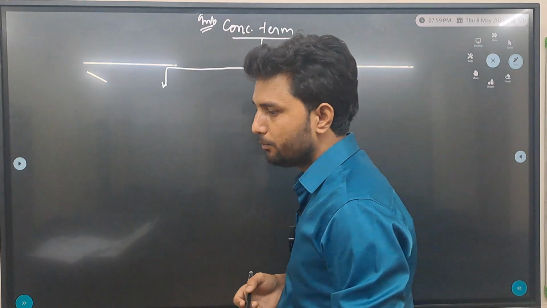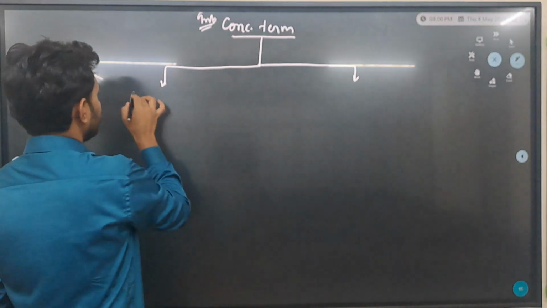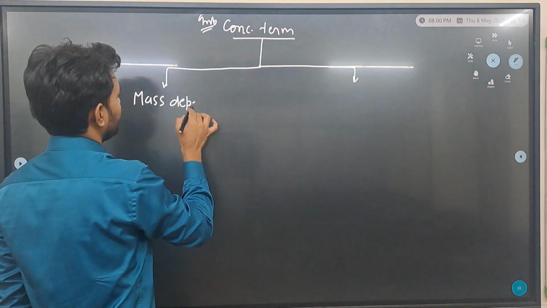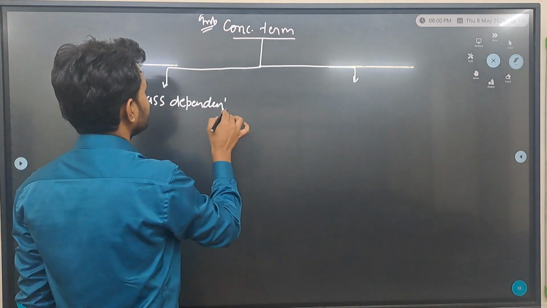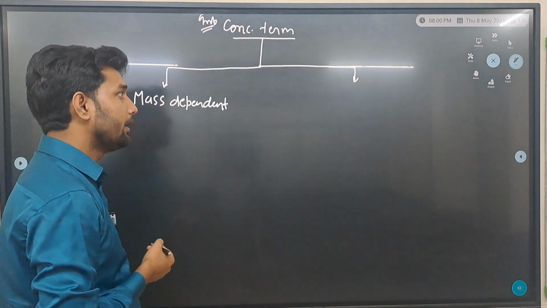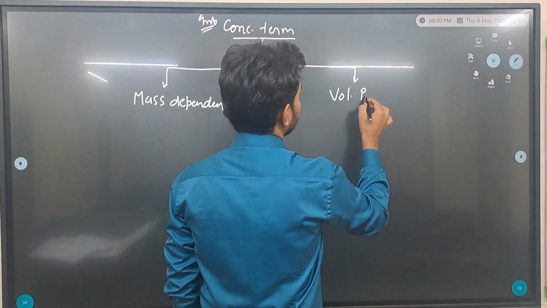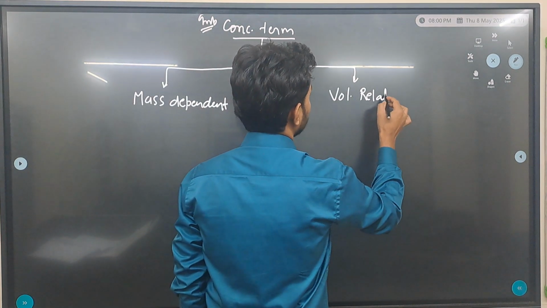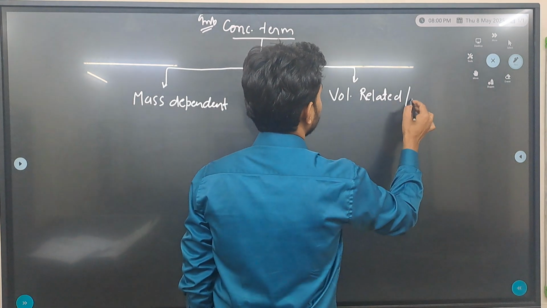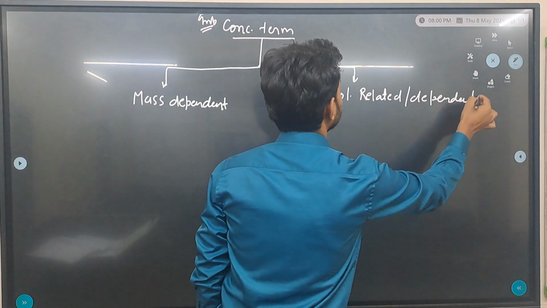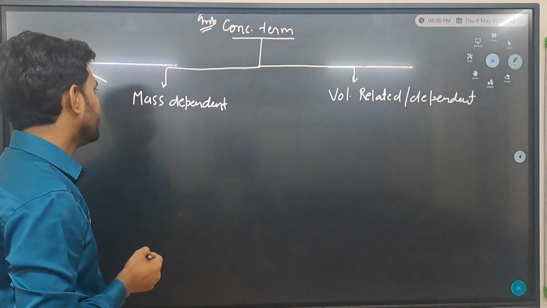First is mass dependent concentration terms, and the other is volume related, or volume dependent, concentration terms.